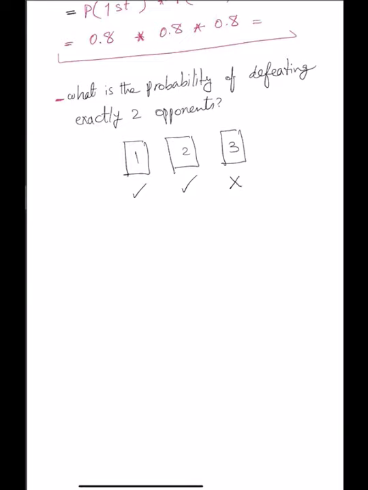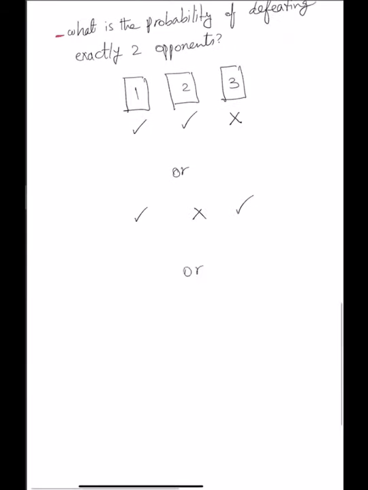And what is the other scenario? You beat the first and the third, but lose to the second. Or second and third, but lose to the first. Exactly. So these are the 3 scenarios where I can defeat exactly 2 opponents.